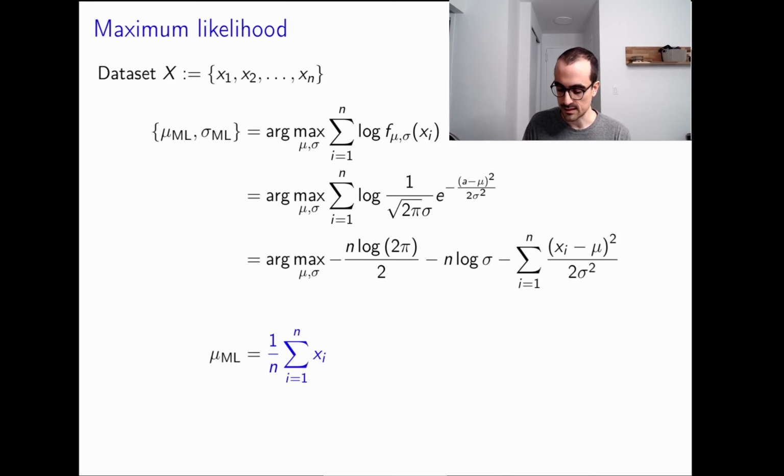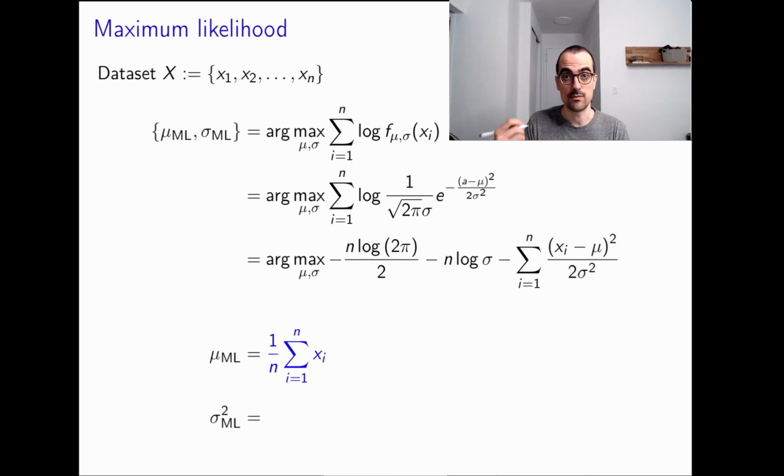What you're going to get is that the maximum likelihood estimator for mu is equal to the sample mean, which makes a lot of sense because mu is at the center of the distribution. For this particular bell shape, it turns out that the center of the distribution is actually at the mean. So then you use the sample mean to estimate the parameter. And this maximizes the log likelihood. By a similar argument, again, you take derivatives and so on.